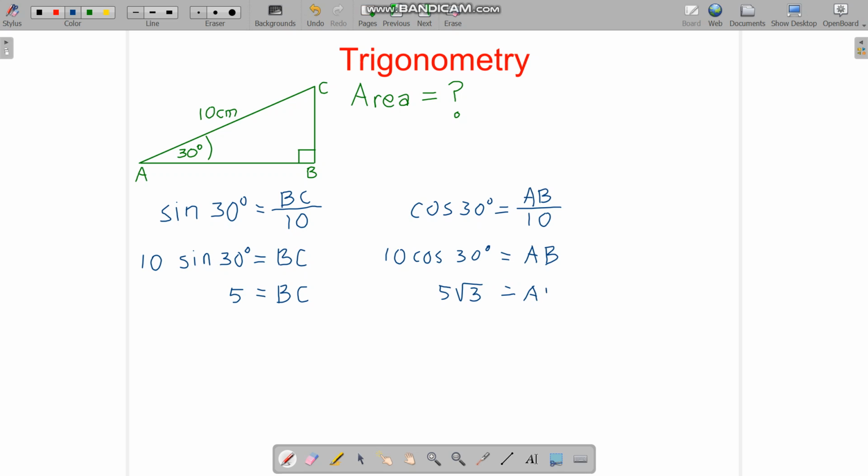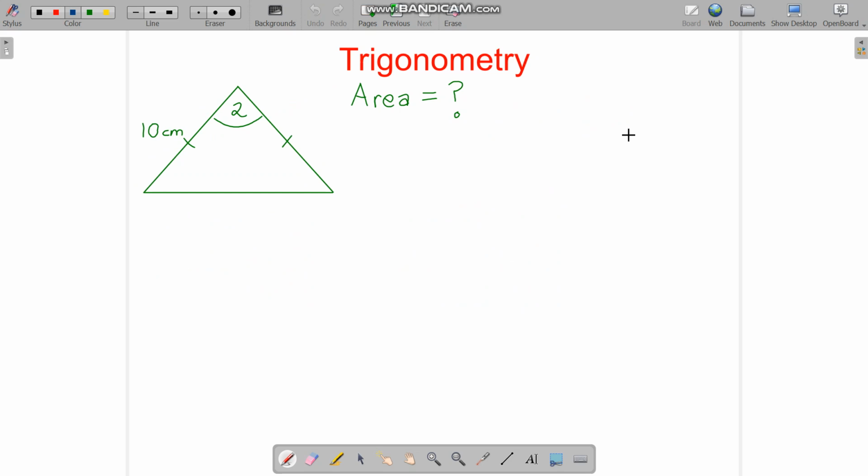Now that we have the base and the height of the triangle, we can find the area, which is base times height over 2. The base is 5 root 3, the height is 5, divided by 2. So for the final answer, we can say it's 25 root 3 over 2 if you use a calculator.